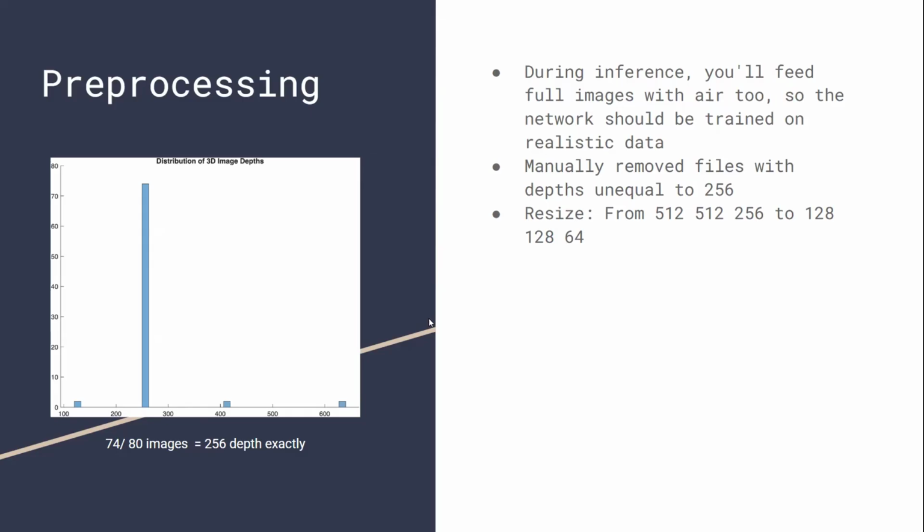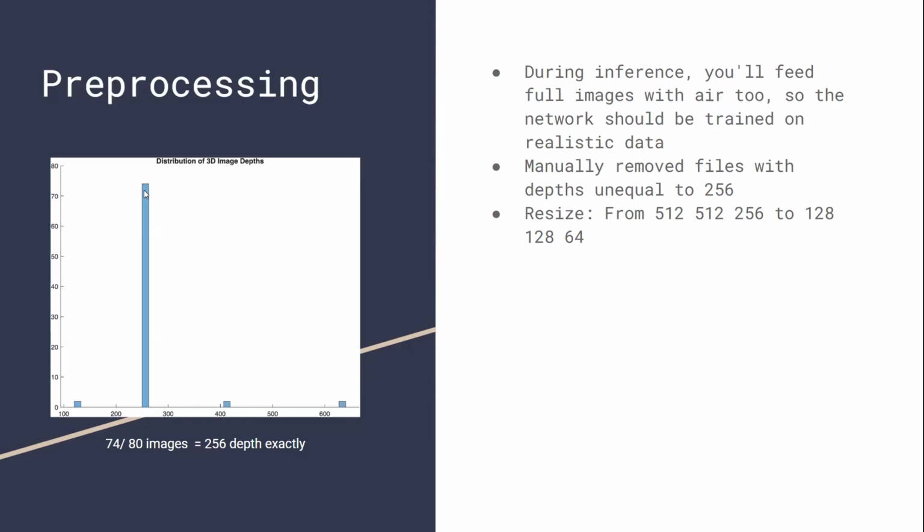We tried to replicate this as accurately as possible, and we manually removed files with depths unequal to 256. As we see on the graph here, a large majority of our images had an image depth of exactly 256, but there were outlier images that had depths such as 120, 410, or 650.